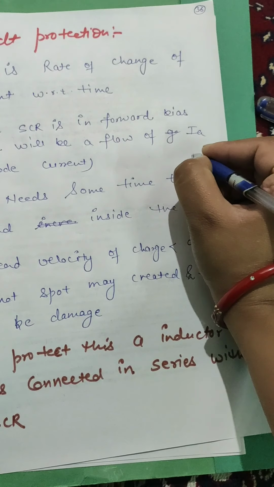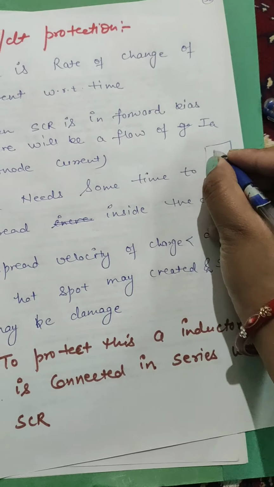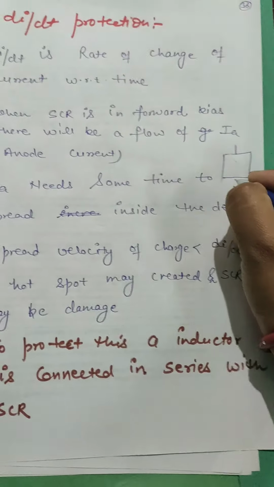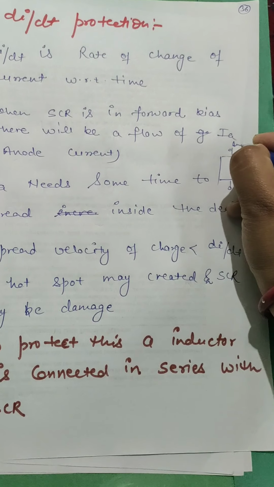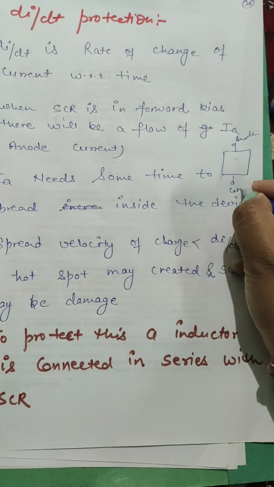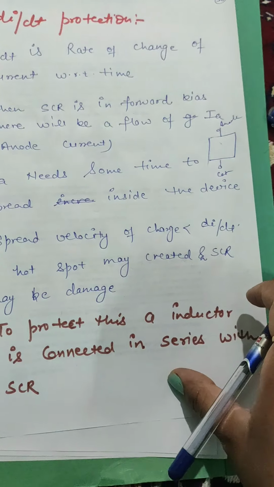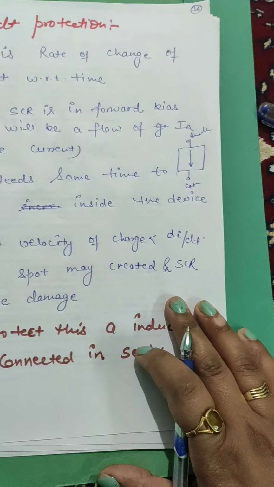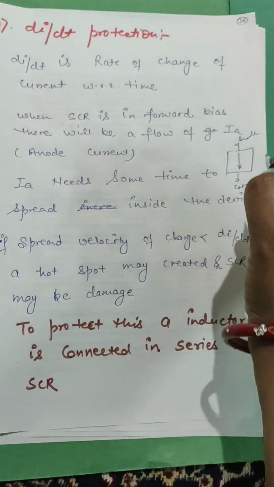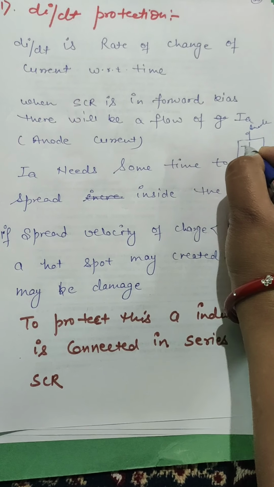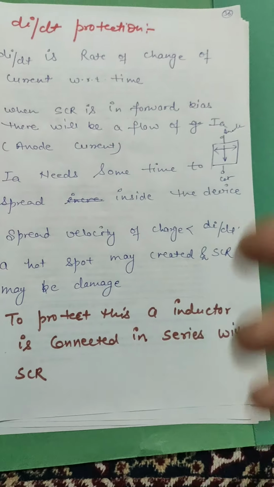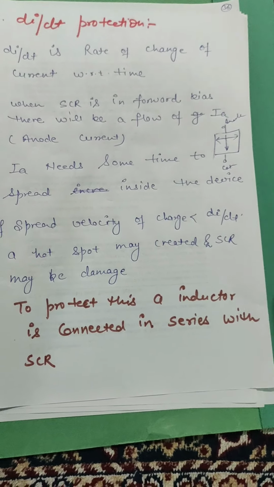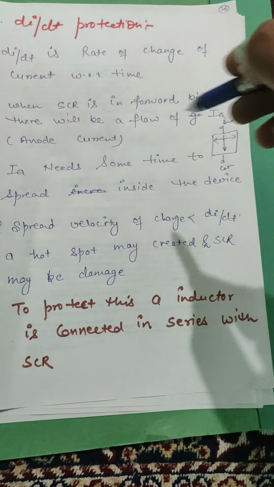Let's suppose this is our SCR. This is anode and cathode. Anode current will flow from this direction, and it may be this direction. Vertical and cross sectional, both. Anode current will flow in both directions, vertical and cross section.